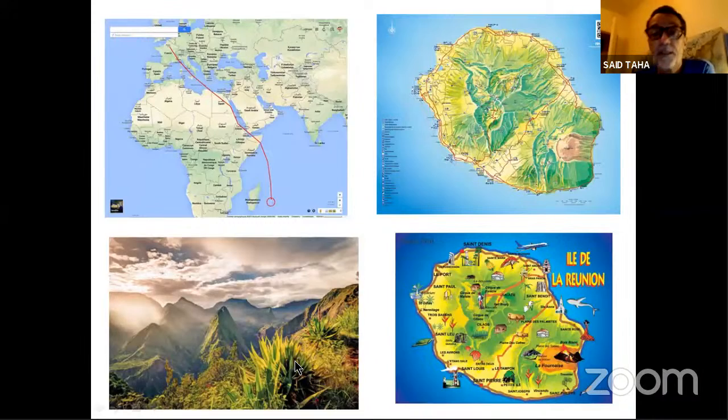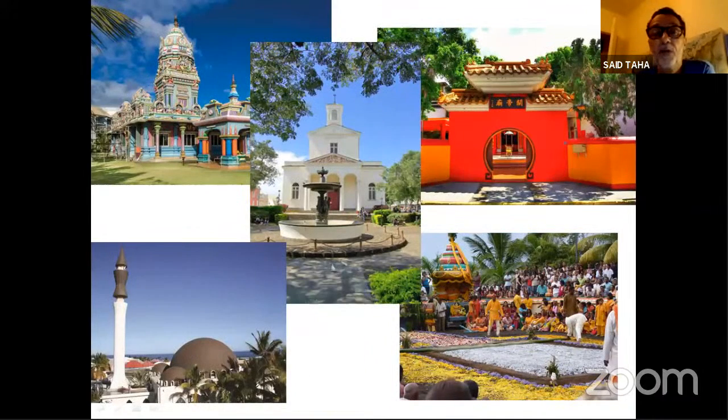And this is a beautiful island because there are many religions, many origins. They are Hindu, Chinese, Zarab, we call Zarab, the Muslims from Pakistan and from Gujarat in the Indian part.